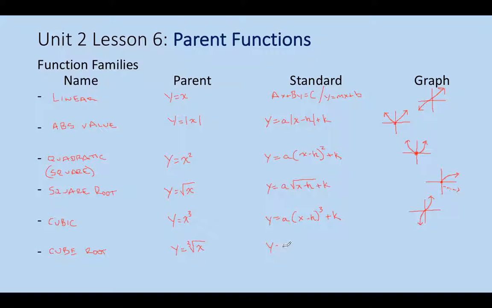We'll say y equals a times the cube root of (x minus h) plus k. So again, still with an a, minus h, plus k. And this time, when I go ahead and graph it out, instead of something that goes vertical, I'm going to get something that goes horizontal. Like that.